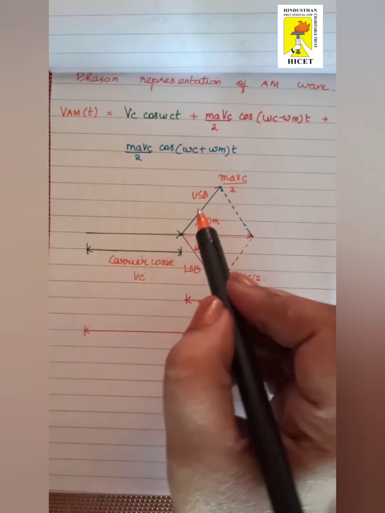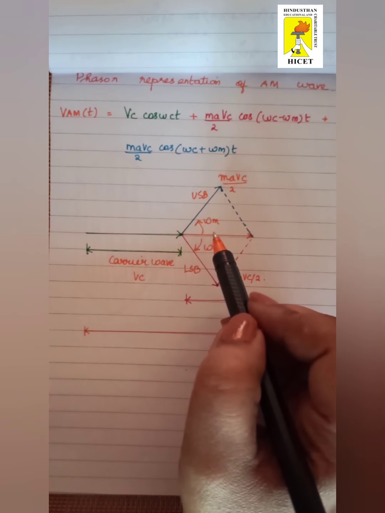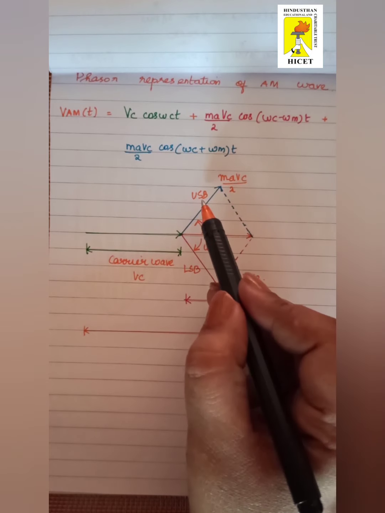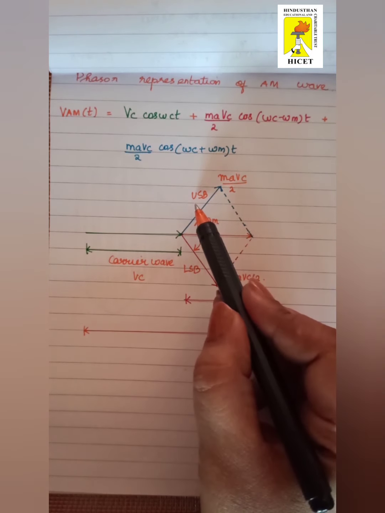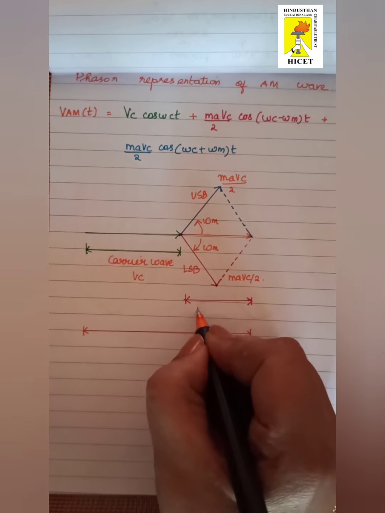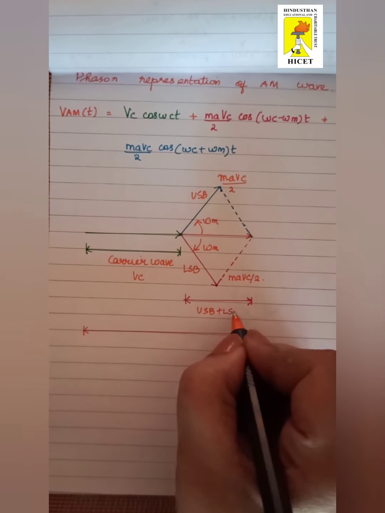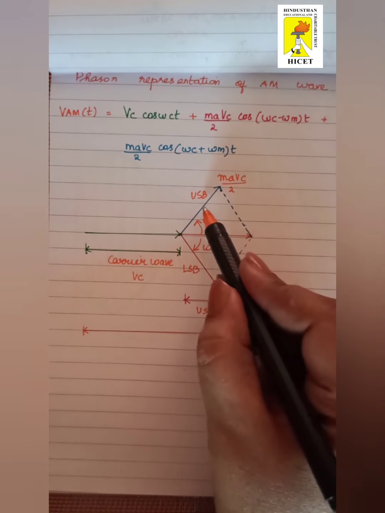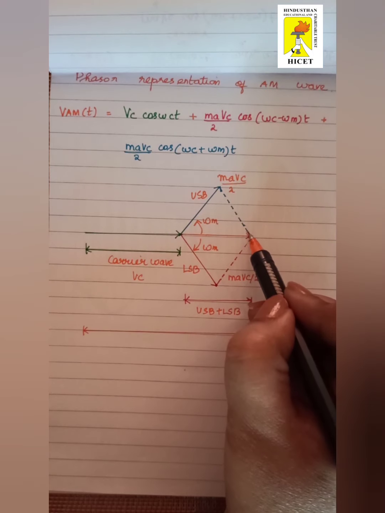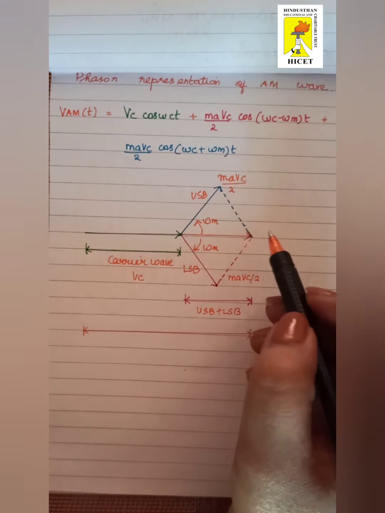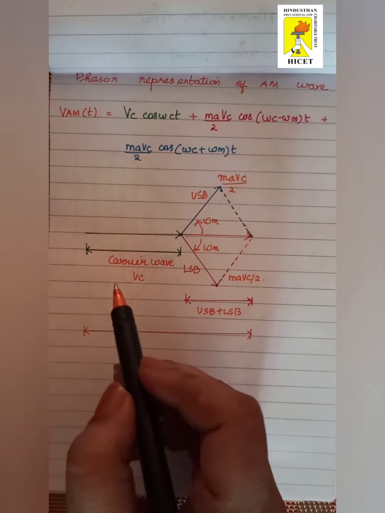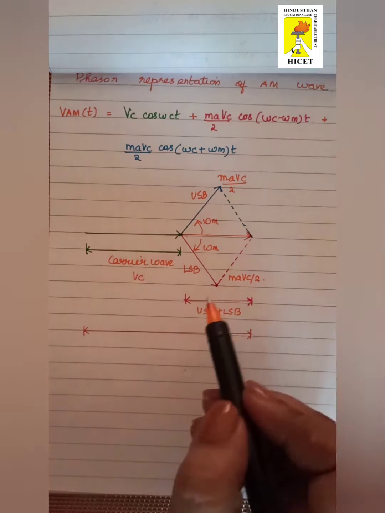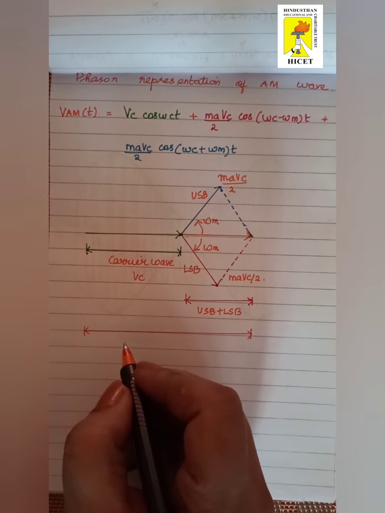The resulting amplitude of the amplitude modulated wave at any instant is the vector sum of the two sideband phasors, the upper sideband plus the lower sideband. Using the parallelogram rule, we take the resultant of the upper sideband and lower sideband, and this is the resultant vector. So for an amplitude modulated wave, the lower sideband, upper sideband and carrier wave together form the amplitude modulated wave.